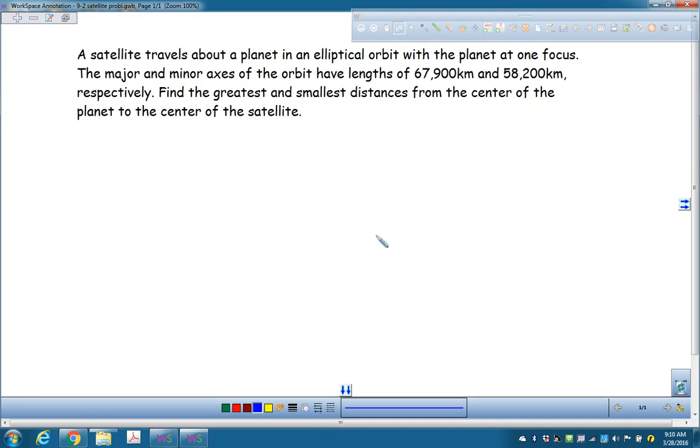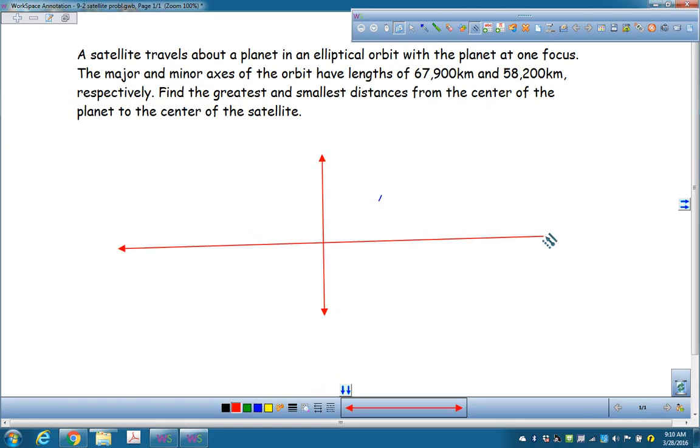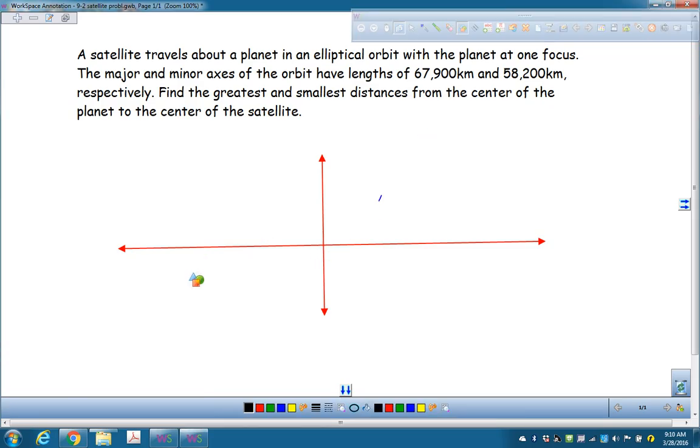Okay, so you will see something like this. I do want to talk about it. With this one, it doesn't matter where you set it up. You can set up the center right here. Basically, you have an ellipse that's stretched out.